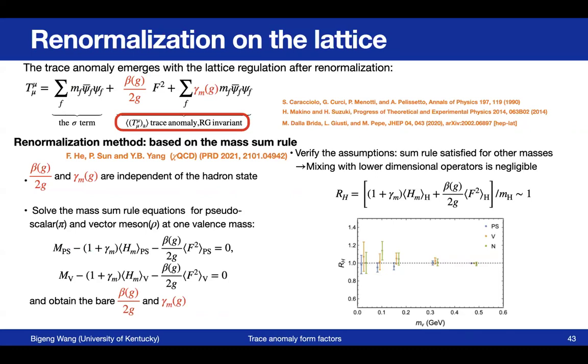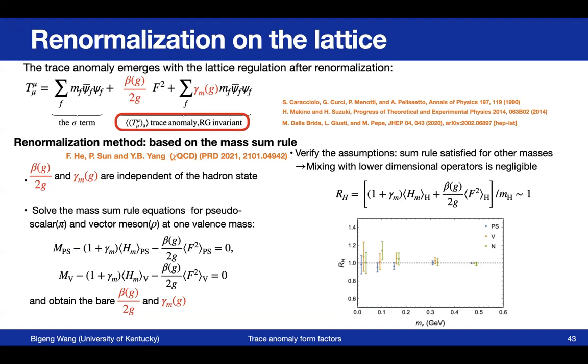So the renormalization we did here on the lattice: we know there are some operators. The expression here is mainly from the perturbative expression with beta over 2g and gamma, derived from dimensional regularization. But we know on the lattice there should be some F squared operator and psi bar psi operator, also including some lower dimensional operators which cannot be excluded, like 1/a psi bar psi.